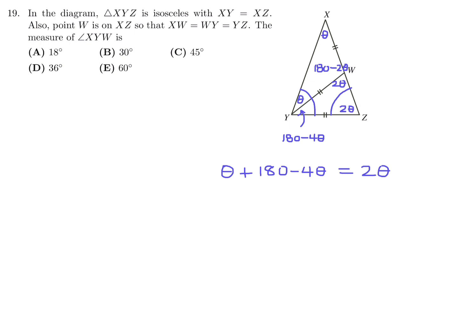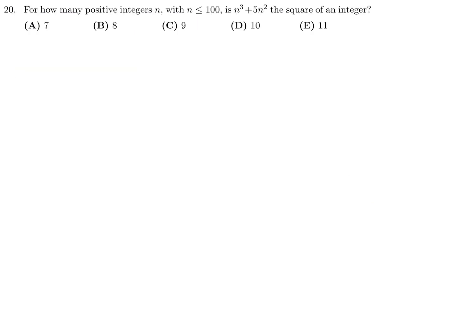And this is the equation that will allow us to figure out the actual value of theta. So this becomes 180 is equal to 2 theta plus 3 theta, so that's 5 theta, and therefore theta is 180 divided by 5, and that means theta is 36 degrees. So number 19, the answer is D.